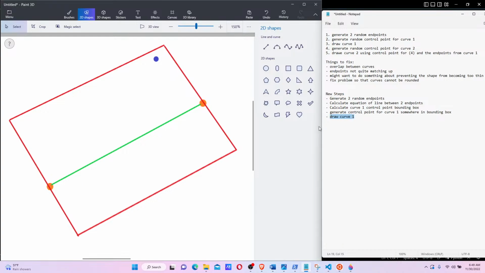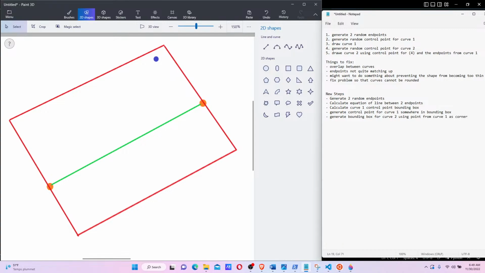Okay, I'm not sure if this is the case, but I think that if I generate a bounding box for curve 2, using point from curve 1 as corner.